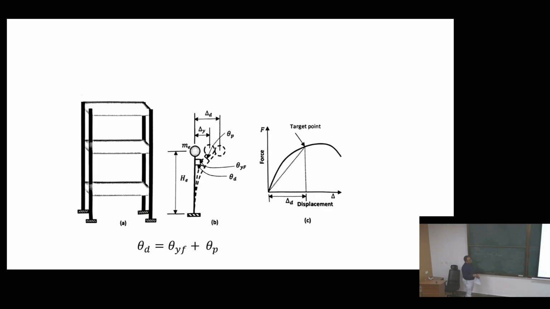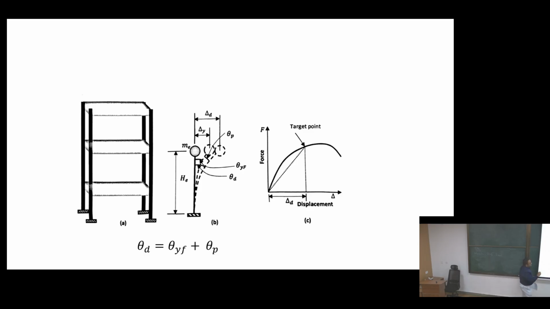So if you remember our equivalent single degree of freedom system that we convert our system into, you have your effective height, effective mass, then your design drift. The total is theta D, or the displacement at top is delta D, and there is a delta Y component to it, which signifies your yield.